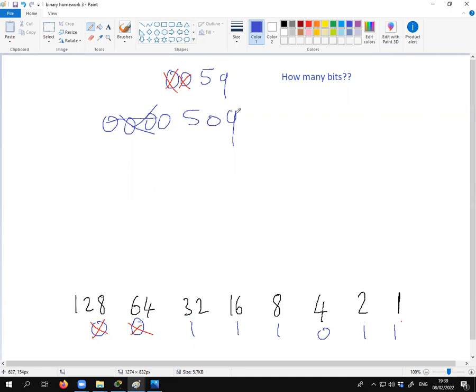How many bits does it take to make 59? 1, 2, 3, 4, 5, 6. 6 bits. Is that okay? Does that make sense? Yeah, makes sense.